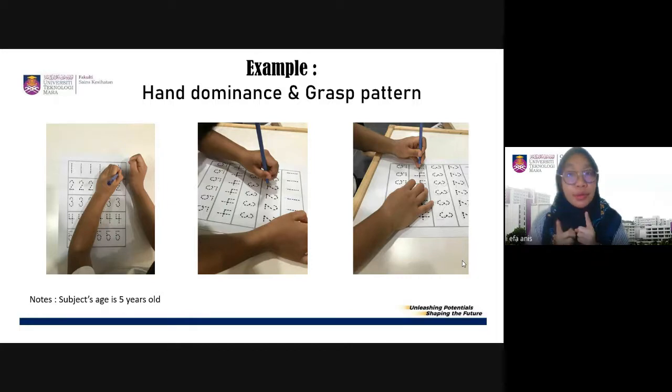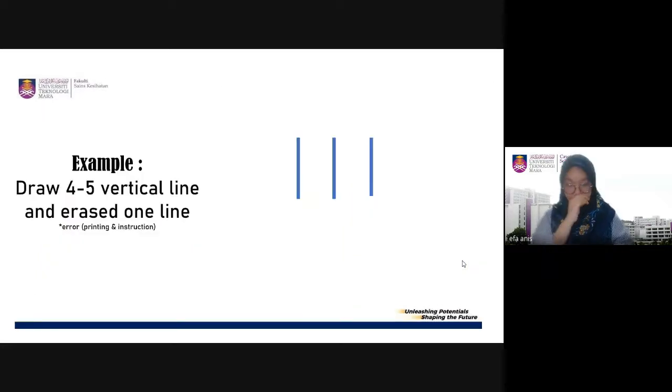Maybe you can notice the grasp pattern has changed. The first thing is the child already has laterality, but the grasp pattern is not established yet. But while I was providing these materials, the child was very motivated to write.